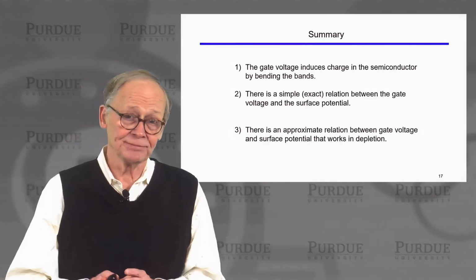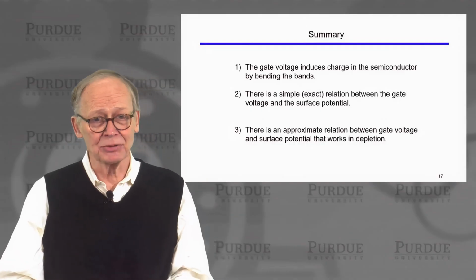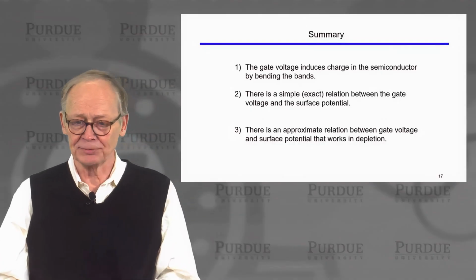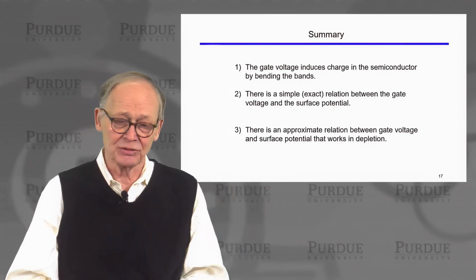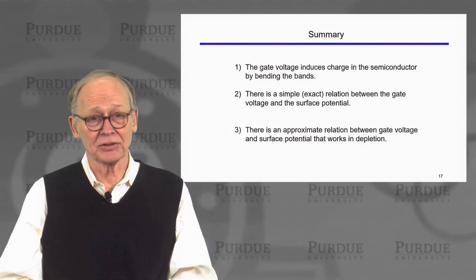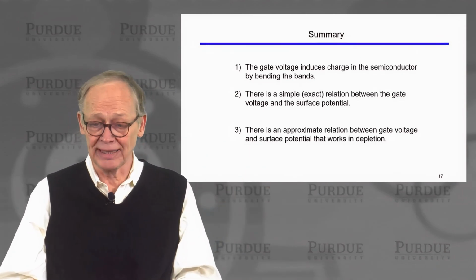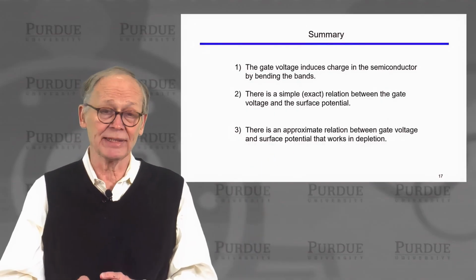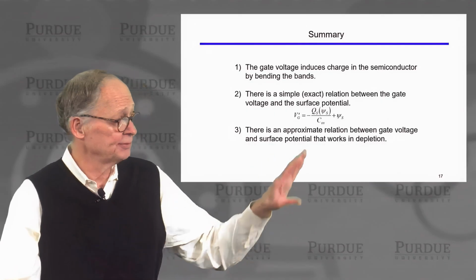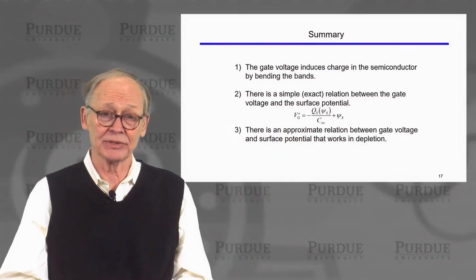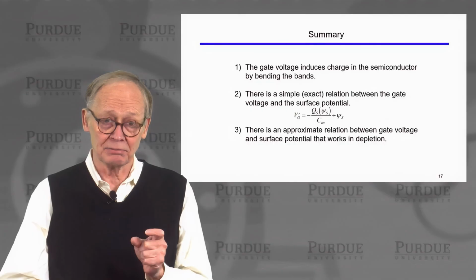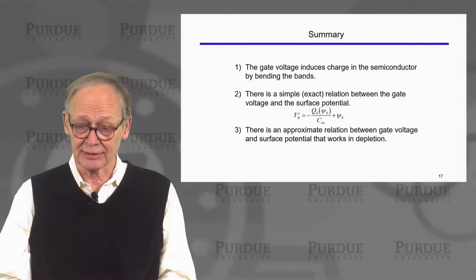Okay, so we've done what we set out to do in this lecture, relate the gate voltage to the surface potential. So the gate voltage induces charges in the semiconductor and bends the bands. There is a simple, exact relation between the gate voltage and the surface potential. We've seen that. The gate voltage is the sum of the volt drop across the oxide and the potential drop across the semiconductor.